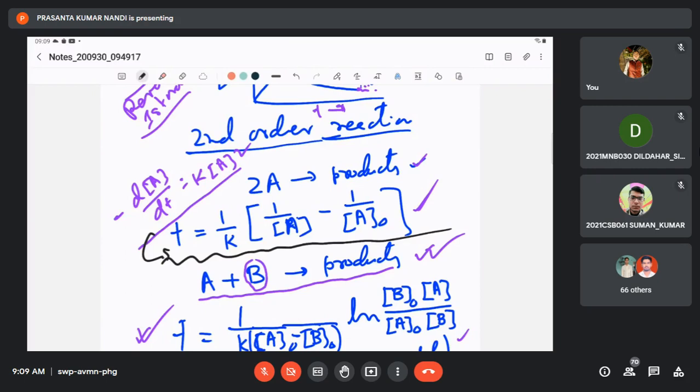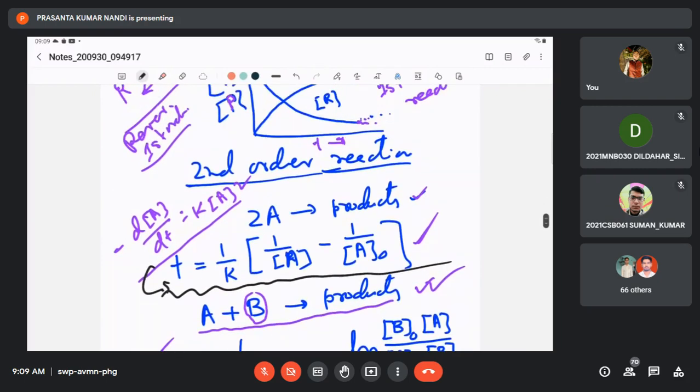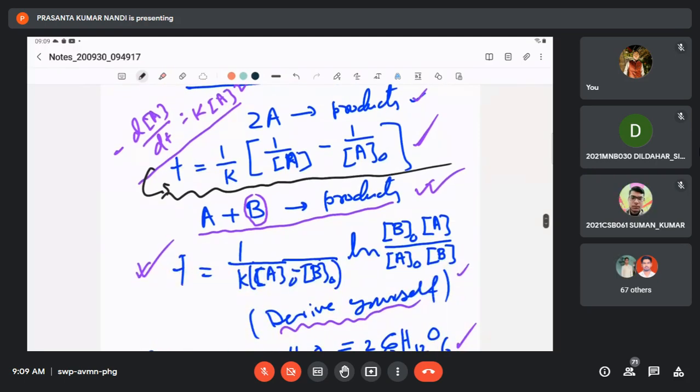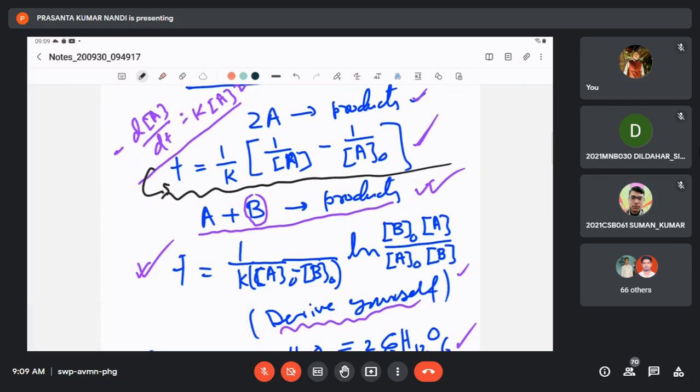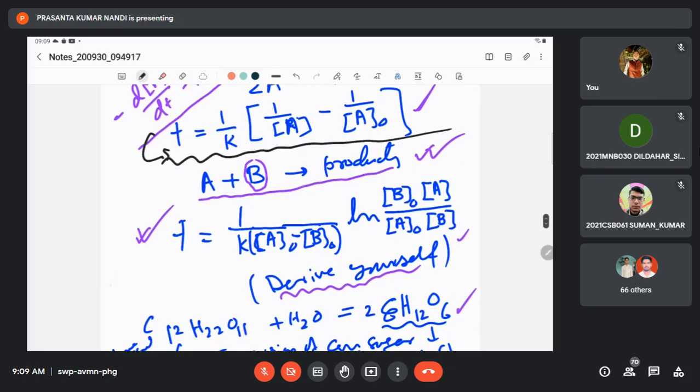Now, this is a simple second order reaction. Suppose instead you have a second order reaction involving two different reactants, A and B. Then you can write the starting equation somewhat like this, which is more general.